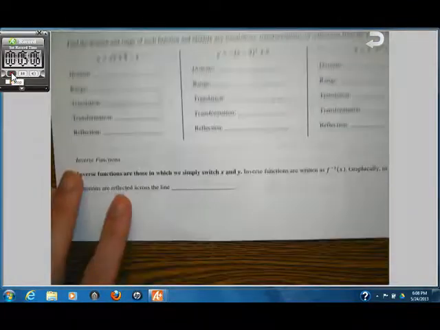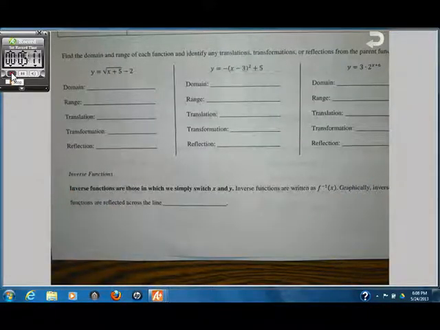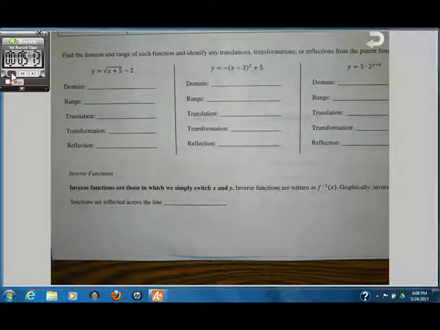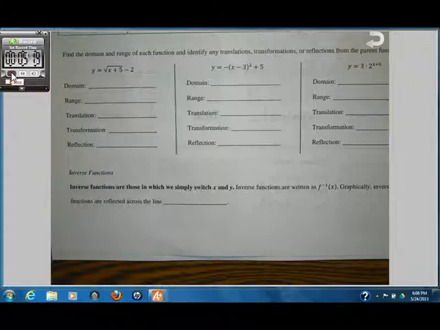For this part right here, what you're doing is you're identifying the domain and range based on the transformation of the following based on its parent function. So in this case, this is a square root curve.